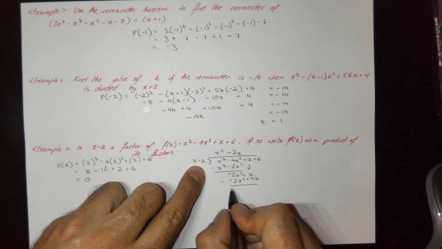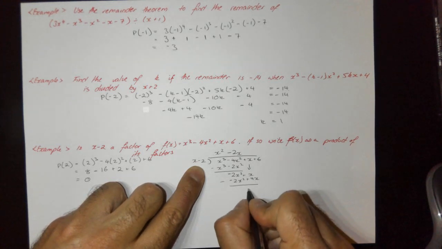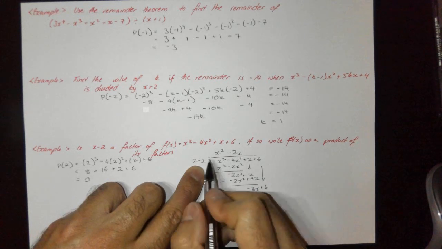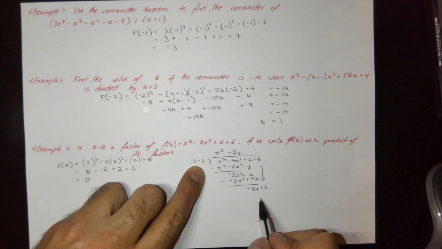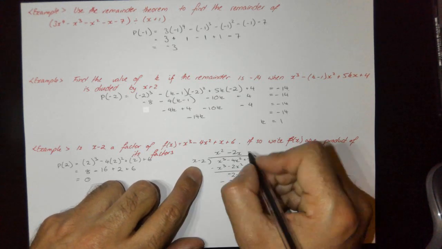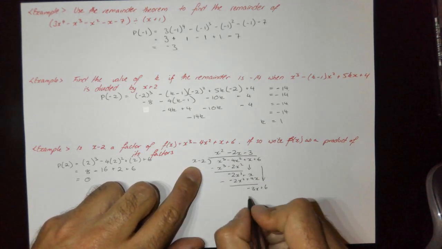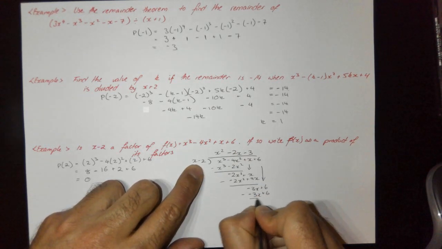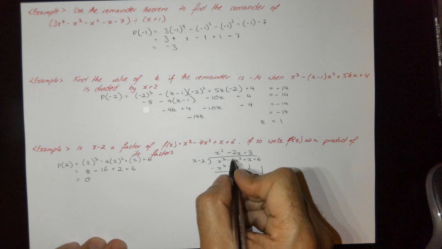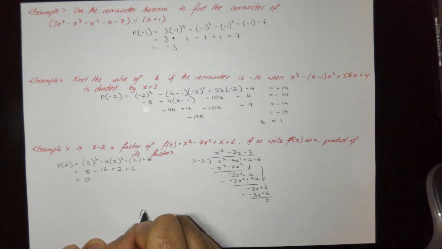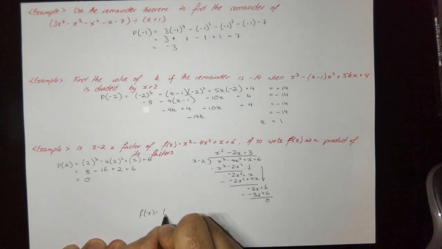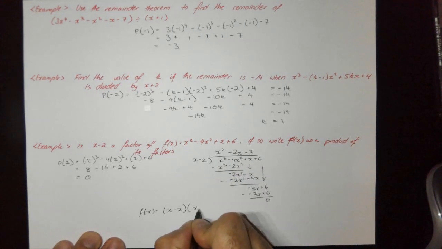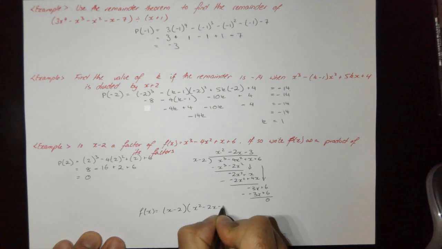Subtract those two. So 1 minus 4 is negative 3x. Now, this remainder here is going to have to be 0, right? So for it to be a factor. So negative 3x plus 6. You minus the 2 together, it does give you 0. So this f of x is really x minus 2 multiplied by the quotient, x squared minus 2x minus 3.